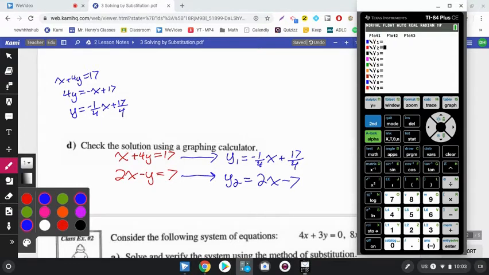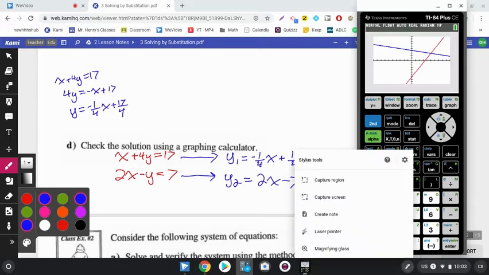So get rid of whatever I had, bracket negative 1 divided by 4, bracket x, plus bracket 17 divided by 4. I just put those fractions in brackets. Okay, 2x minus 7, that's y2. Let's go zoom 6 for zoom standard. First one, second one. Now I have to find the intersect.